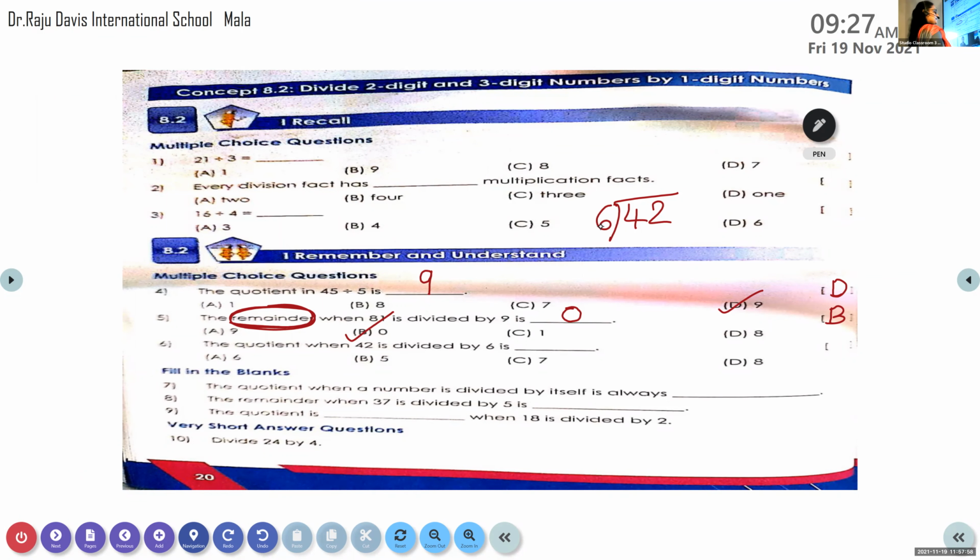So we have to put 1. Where will you put? On the top of 4. That means 6 into 1 is 4?